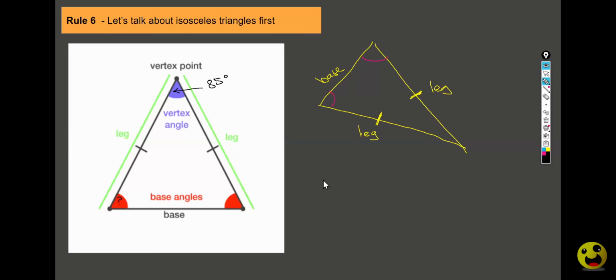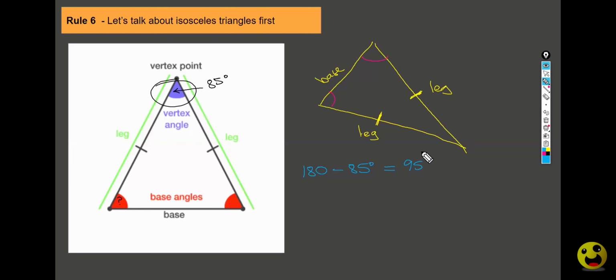All the angles in a triangle add up to 180. That's general knowledge by now for you guys, right? So if the vertex angle is 85, you take 180 and minus the 85 degrees. Let's see how much we remain with. 180 minus 85 is 95 degrees.